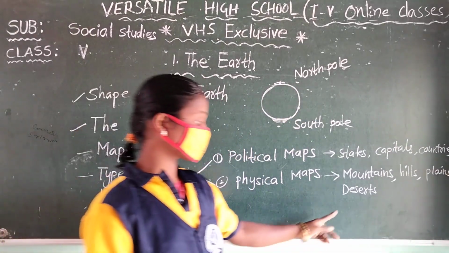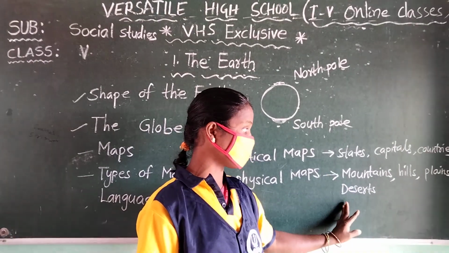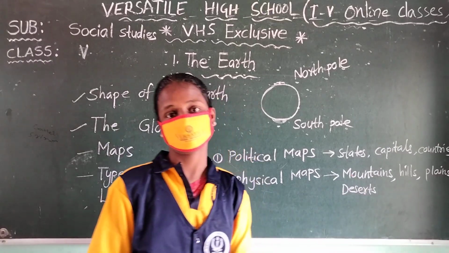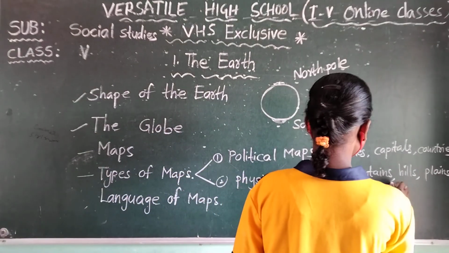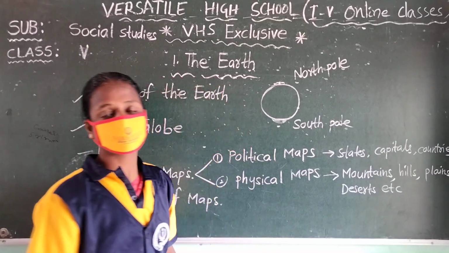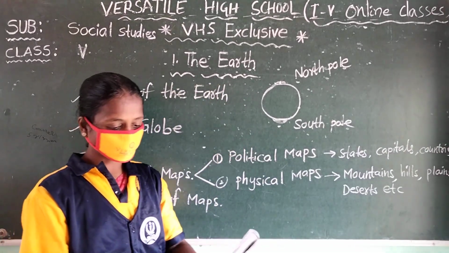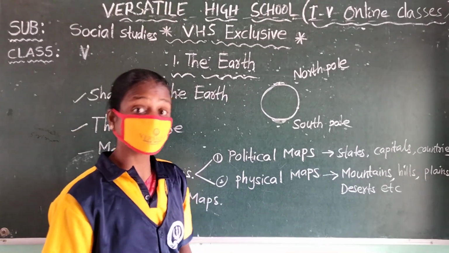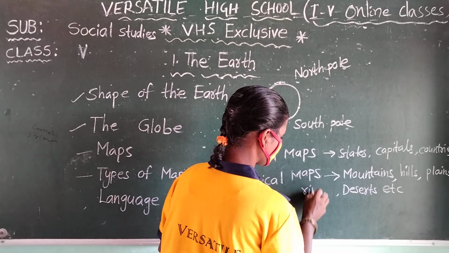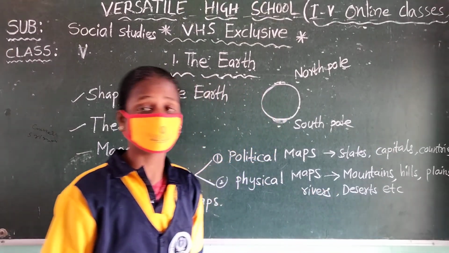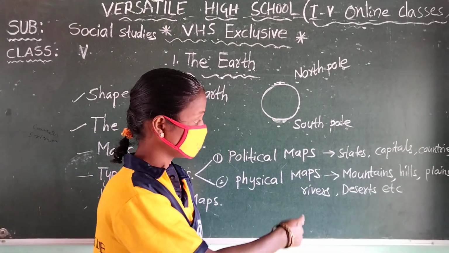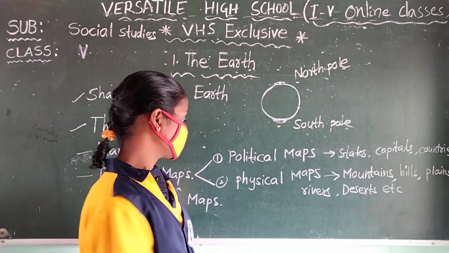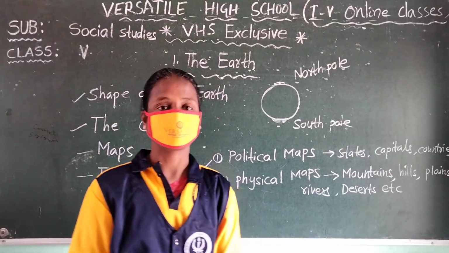The land that is totally covered with sand is called a desert. Plains, hills, mountains, etc. are on the physical maps. So here physical maps mean mountains, plateaus, plains, rivers also. Rivers, water bodies, plains, deserts, etc. are shown on physical maps.